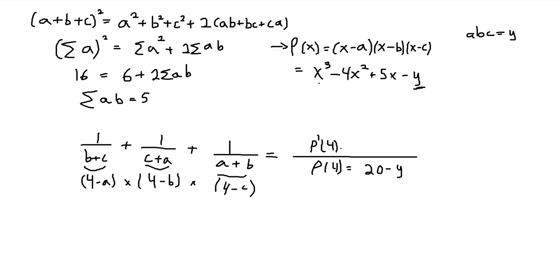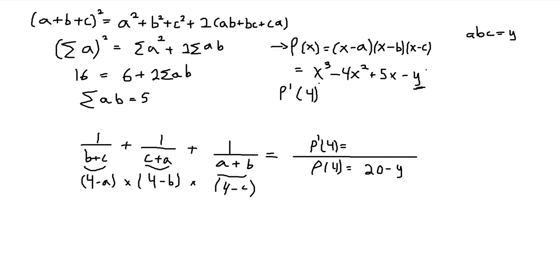Now I know there are non-calculus solutions and you can actually just expand the numerator and use the sum of a and sum of b and so on, but a much quicker way is just to use the derivative. The derivative of p, because if we take the derivative, we get rid of our constant term y, because y is just a constant.